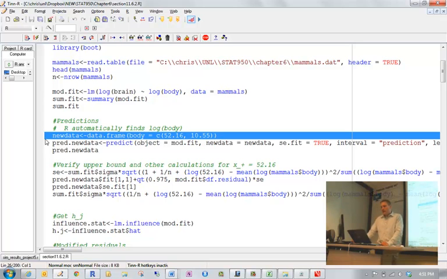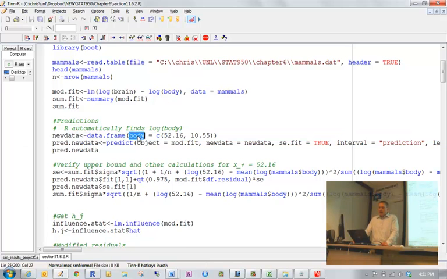First, I'm going to create a new data frame that contains my x values. In this case, body. Notice I use exactly the same word as it was in the original data frame. I say body equal 52.16, 10.55. And then I simply use the predict function.